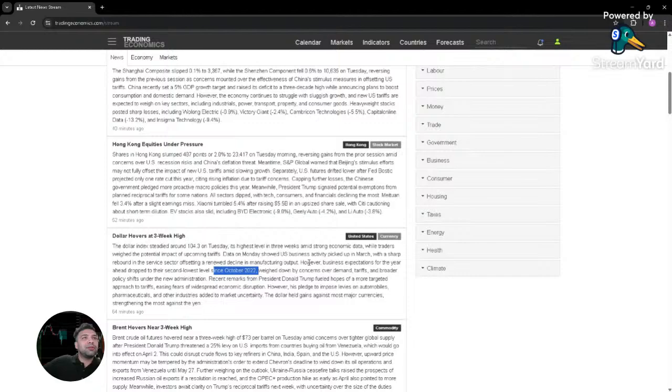Recent remarks from President Donald Trump fueled hopes for a more targeted approach to the tariffs, easing fear of widespread economic disruption. So if they are easing things, that could be really good even to look at the dollar on the longer side for a while. However, he has pledged to impose levies on the automobile, pharmaceutical, and other industries.